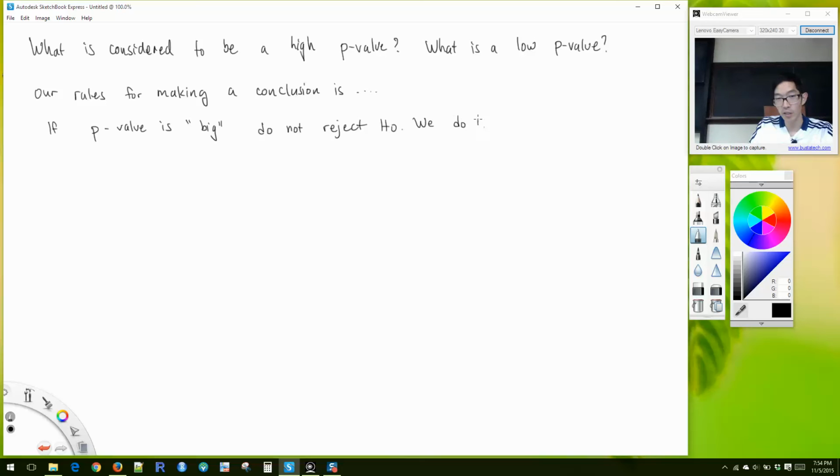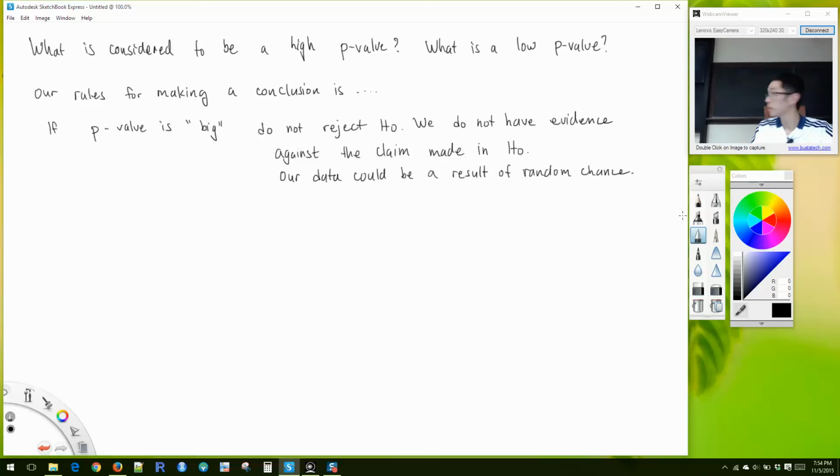We do not have evidence against the claim made in the null hypothesis. Our data could be a random chance.